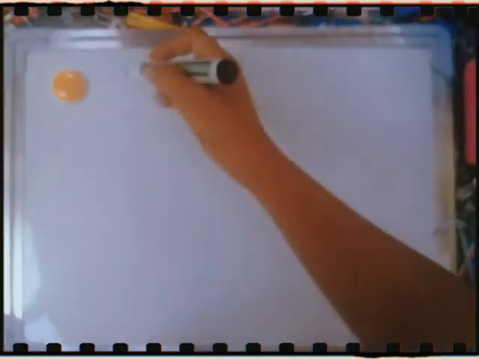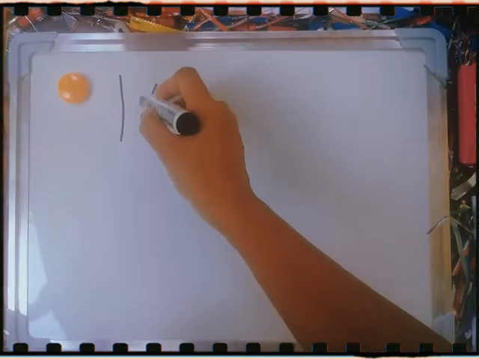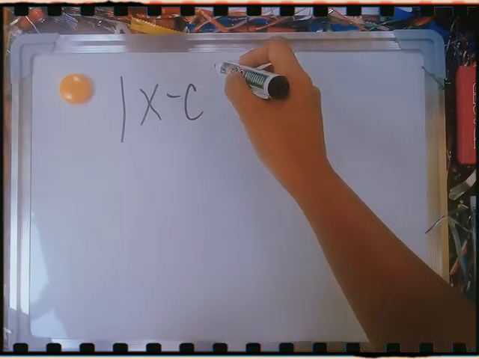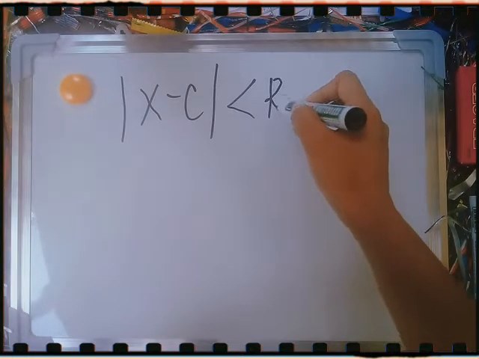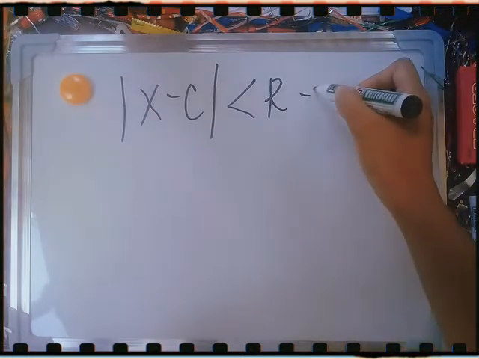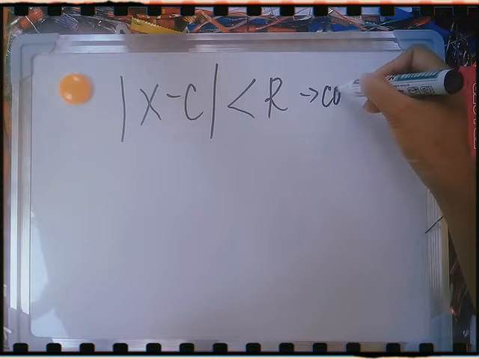To start with, I have different examples to prove theorem number 3. Theorem number 3 says that if the absolute value of x minus c is less than r, it will converge.